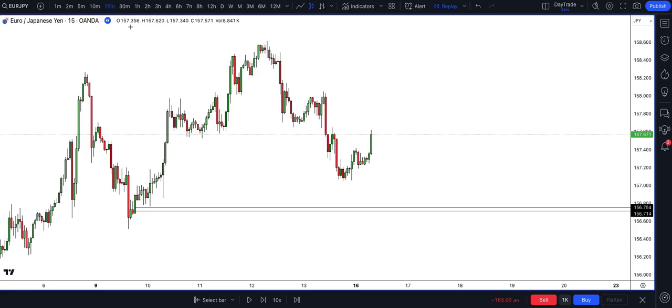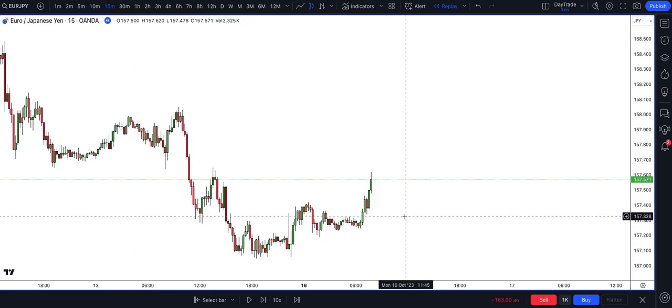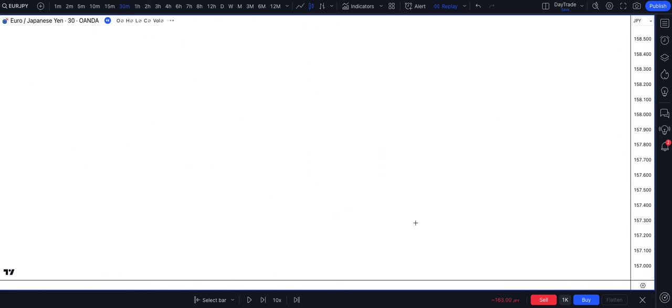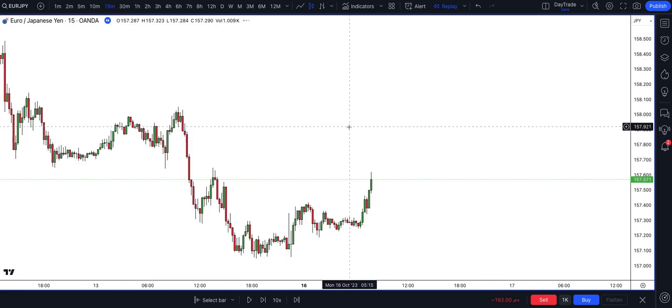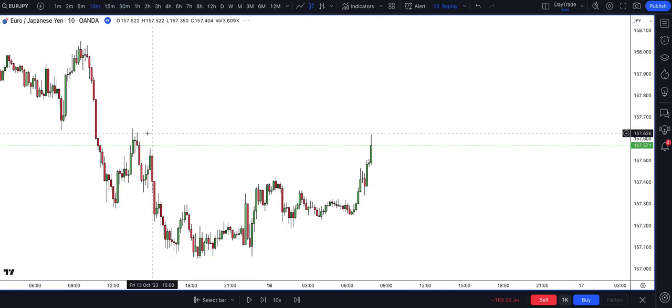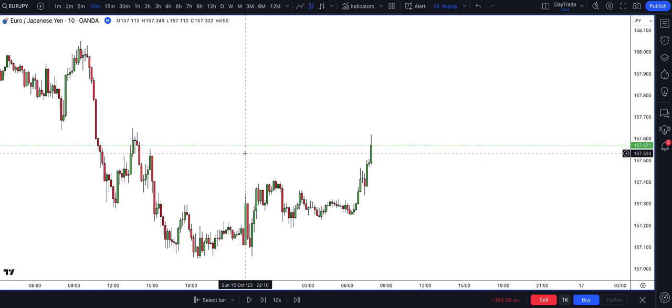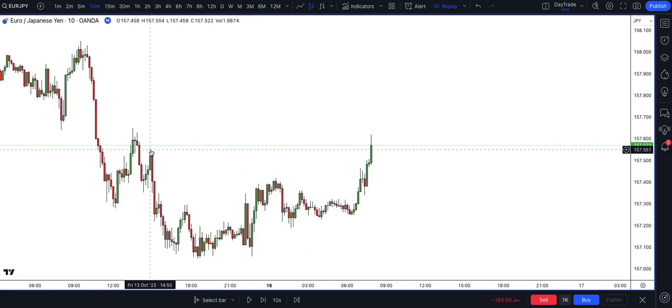So into the London session, down to the 15-minute time frame. 30-minute. Come on. You see here, this rally base drop's already been tested here yesterday afternoon.